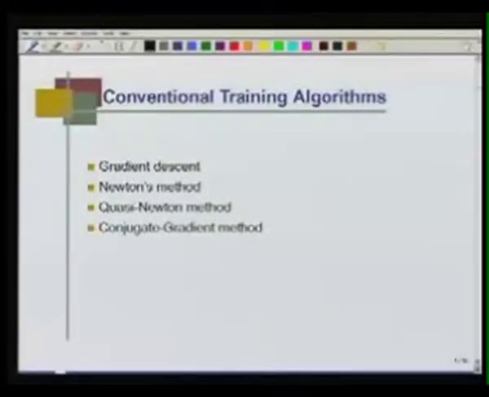So, when we talk about neural networks, we are talking in terms of either system identification or control. So, all these gradient descent, Newton's method, quasi-Newton method, conjugate gradient method, the variants of these methods have been applied to neural networks with varying degrees of success.